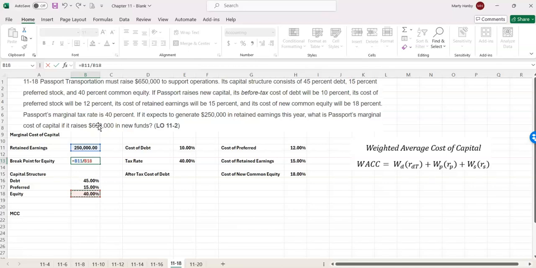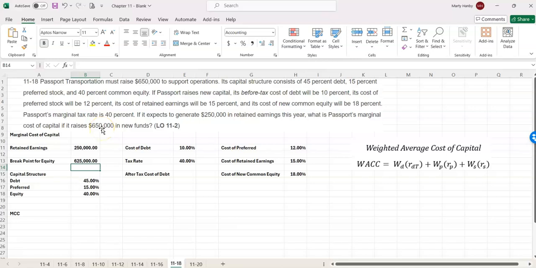But if it's less, we have to issue new stock, and our calculation will include the cost of new common equity instead of the cost of retained earnings. So 625,000 is less than 650,000. So our marginal cost of capital will employ the cost of new common equity.